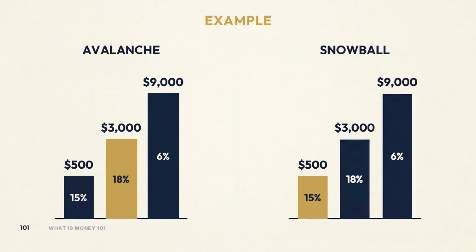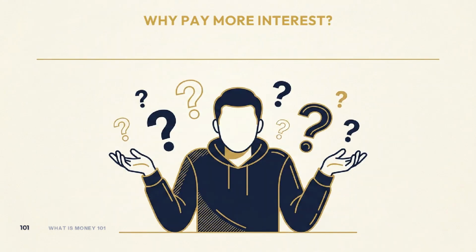Now imagine the $500 debt had the lowest interest rate of the group instead. The avalanche would still say pay off the highest rate debt first. The snowball would still say knock out the $500 balance first, purely because it's smallest, even if it's not the most expensive one.